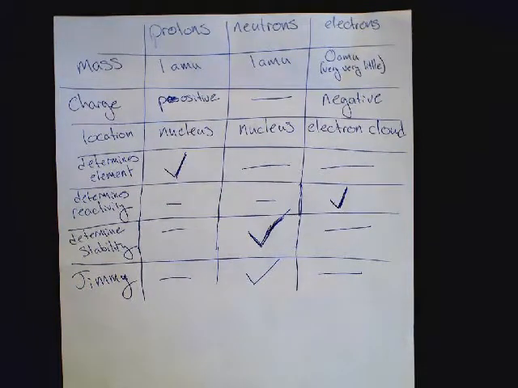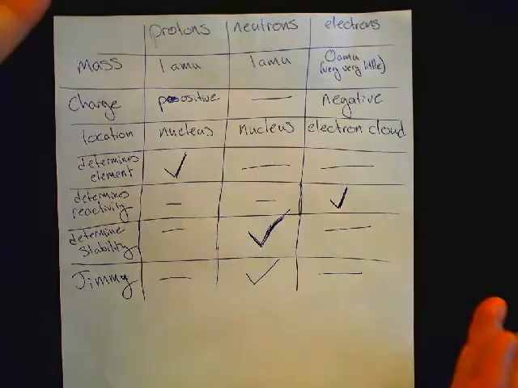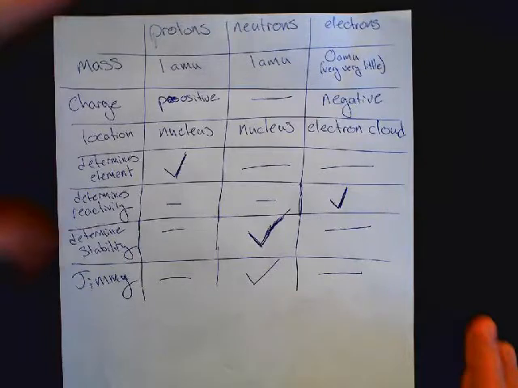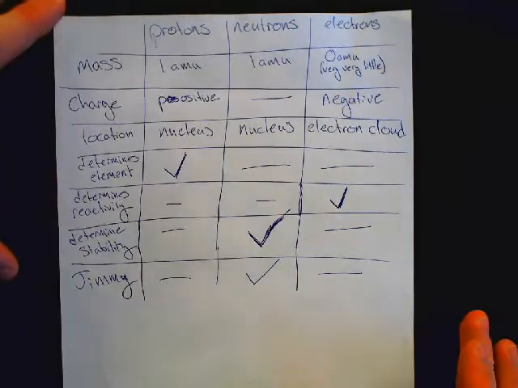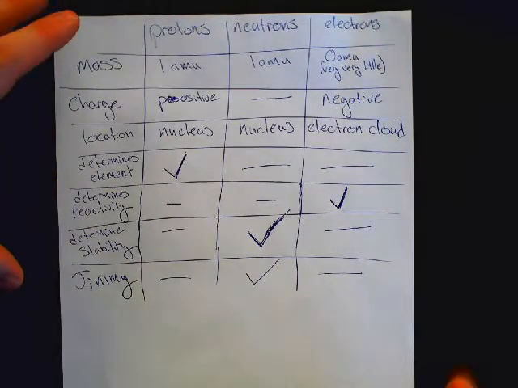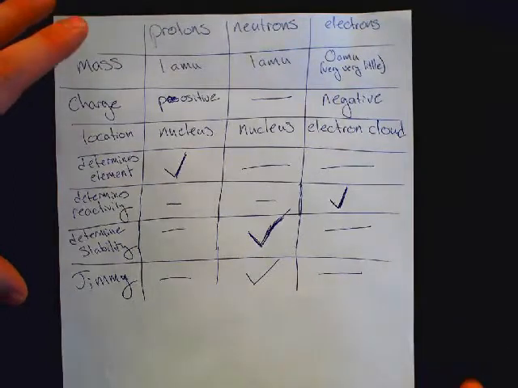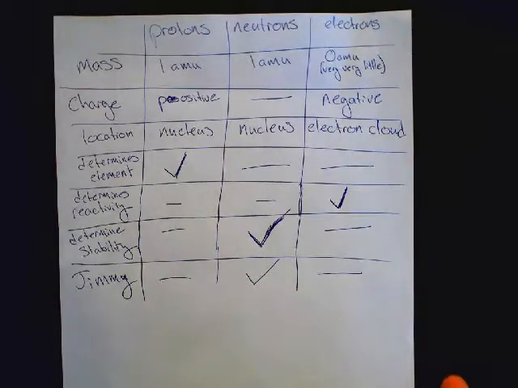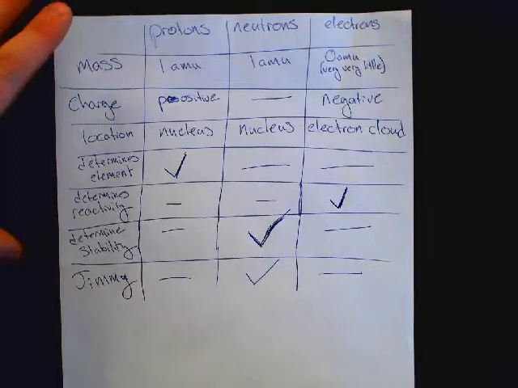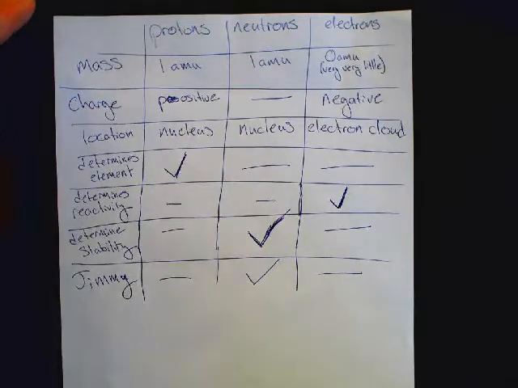All right, so this table basically gives us a rundown of all the different aspects of the particles of an atom. However, there are two other terms that I want us to make sure we understand. The first one was the term for a charged atom, or an atom that didn't have an equal number of protons and electrons. What was that term?